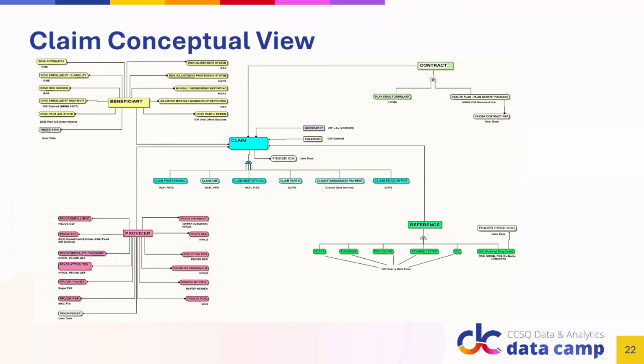Healthcare Common Procedure Coding System, or HCPCS, is produced by the CMS, and it's divided into two subsystems, level 1 and level 2. Level 1 is comprised of current procedure terminology codes and consists of 5 numeric digits.